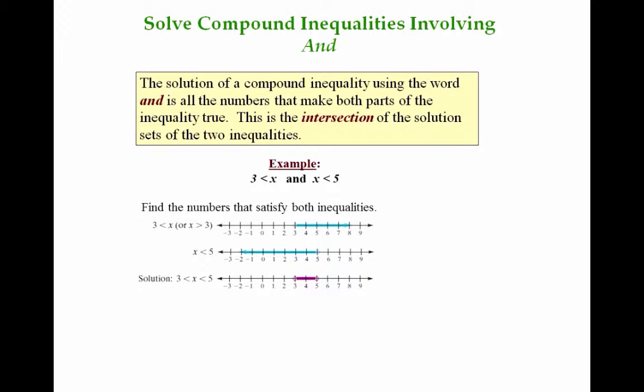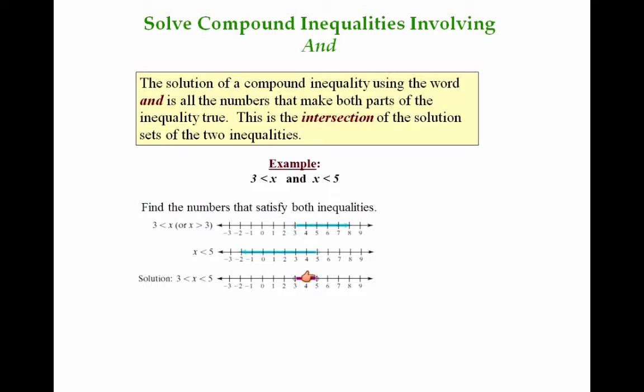So let's take a look at this example. Now we know and means intersection. If I were going to solve x is greater than 3 and x is less than 5, we can graph these individually and then see what these two graphs have in common.